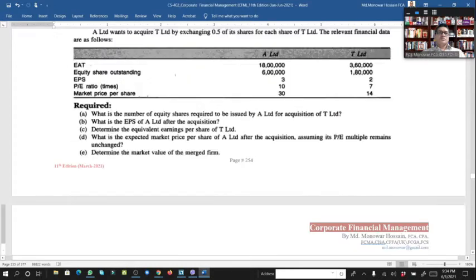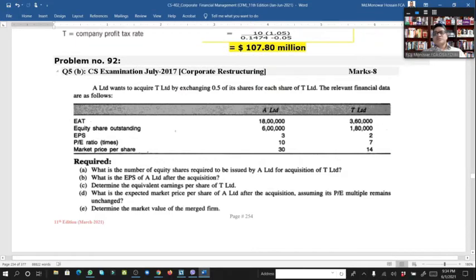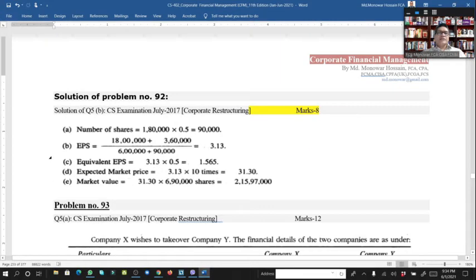Number 2, what is the EPS of A limited after acquisition? After acquisition, all belongs with the A limited. So earning after tax of A limited and earnings after tax of T limited should be accumulated, because all items are owned by the A limited, because the A limited acquired T limited. So both profits, if we add here, look here, 18 lakh plus 3 lakh 60,000 and divided by number of shares.